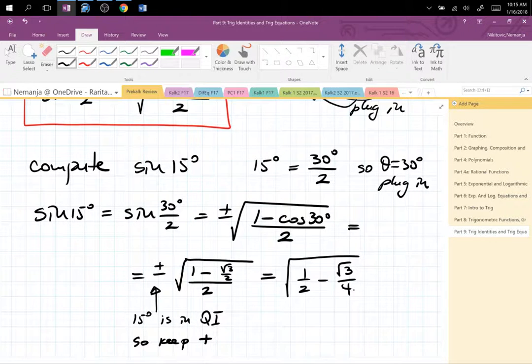Which would work out because cosine of 60 is a half, 1 minus half is a half, half of half is a quarter, and the square root of a quarter is a half, and sine of 30 is half. So it works. That's the beautiful thing in math. It all clicks all the time. There's not going to be an exception where this little thing didn't work. It always works. Everything always works out.